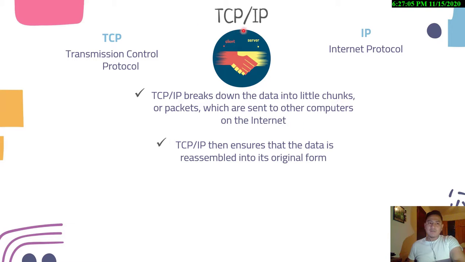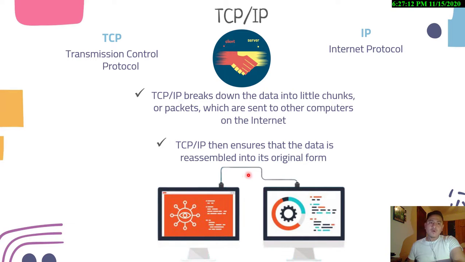TCP/IP also ensures that the data is reassembled into its original form once it has reached its destination. So whenever we're sending data from this computer to this computer, TCP/IP will be in charge of breaking the data into packets, and when it reaches its destination, TCP/IP will also reassemble the little packets that were separated in the beginning.